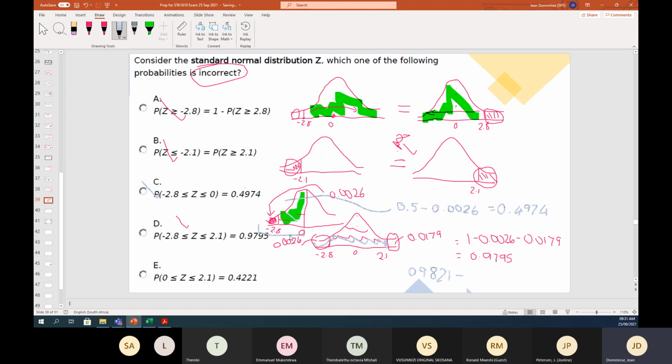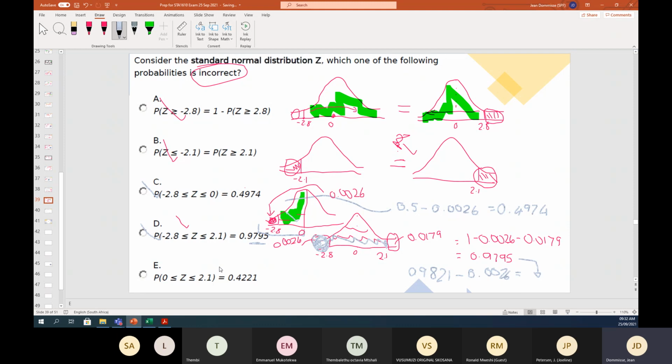And then all I need to subtract is that area, because that is the one that I don't want included, which is the 0.0026. So if we say 0.9821 minus 0.0026, we also get that answer.